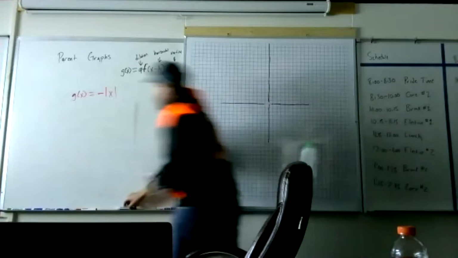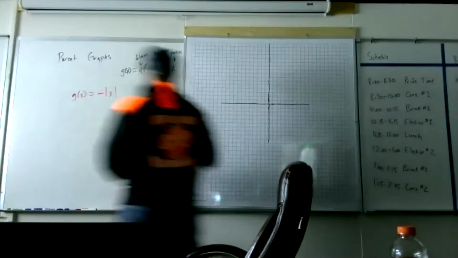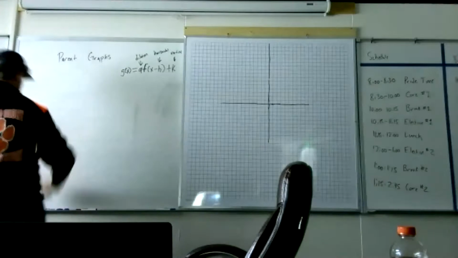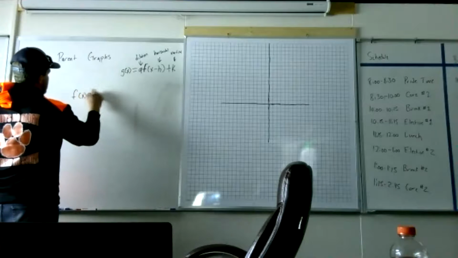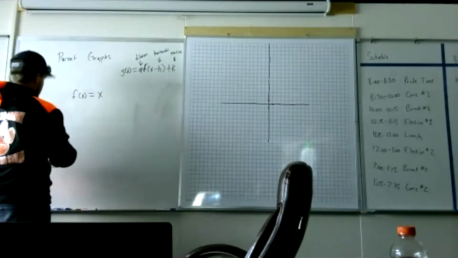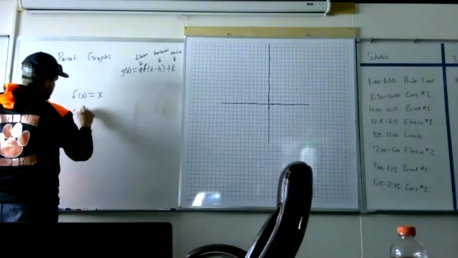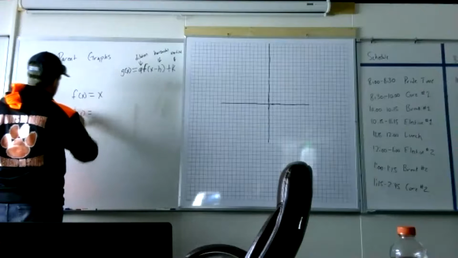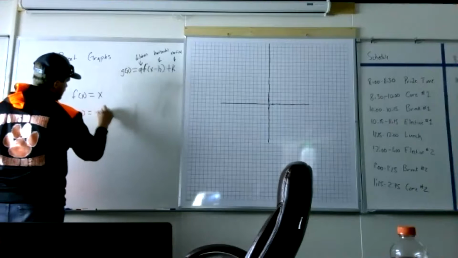In black, we'll have the parent graph of f of x is equal to x. And in red, I'll do g of x, keep them consistent, g of x is equal to a negative x.